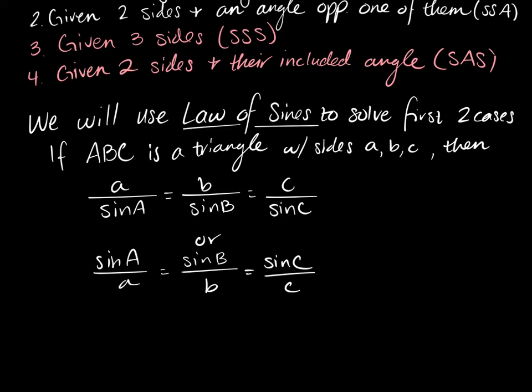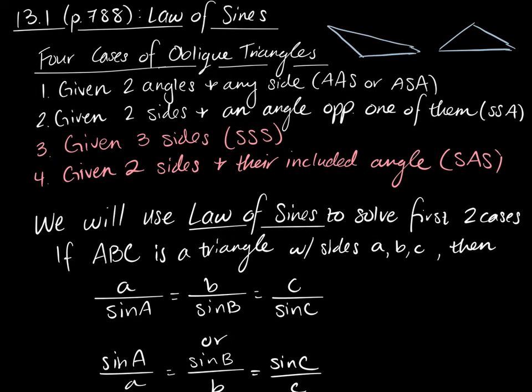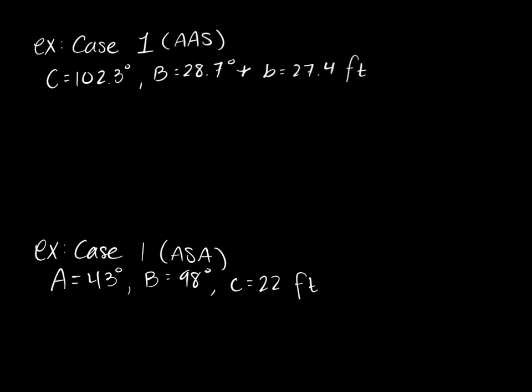So let's go ahead and look at some examples. The first thing we're going to look at is case 1. This is when we have angle, angle, side, in the very first example. They gave us that angle C is 102.3 degrees, angle B is 28.7 degrees, and side b is equal to 27.4 feet. I'm going to draw this triangle to the best of my ability. C is a very large angle, so I'm going to put that there.